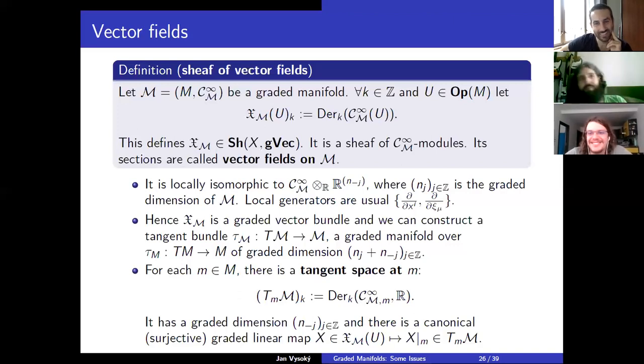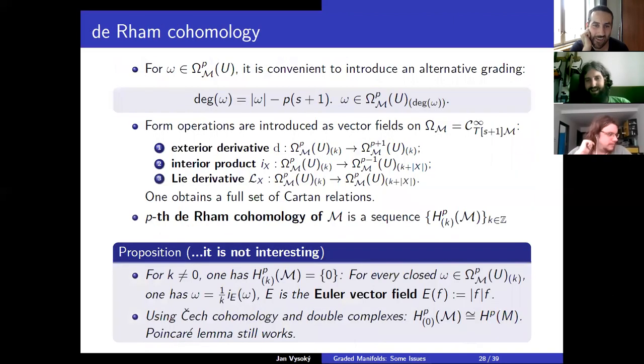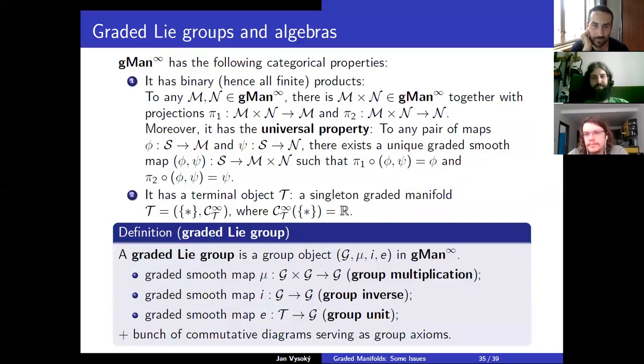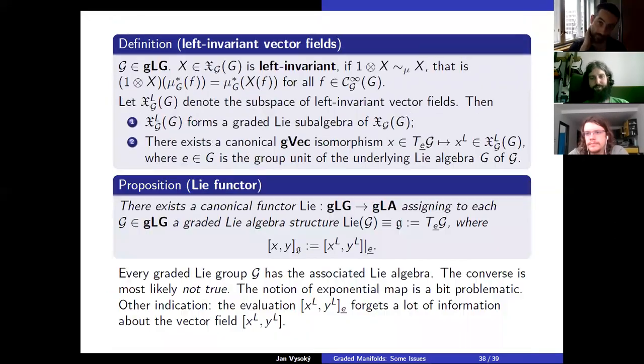But the problem with graded Lie groups is that I don't have any relevant examples. I just defined them in the most reasonable way I was able to, as a group object in my category, which is, I think, a good notion, right? Because what else would it be?